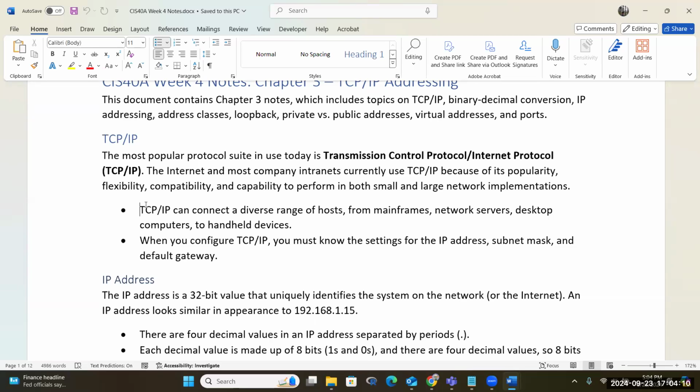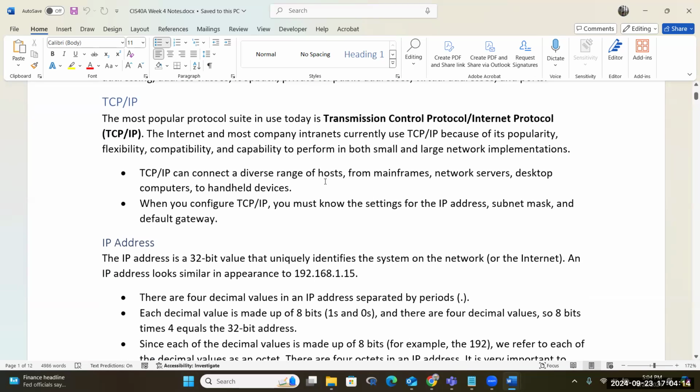Now, we can use TCP/IP to connect all the systems, including autonomous systems, right? And often you see autonomous systems in the larger networks across nations and also internationally. You would see them as routers or communication devices.